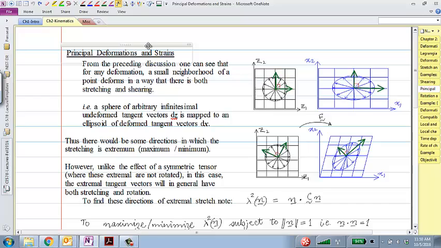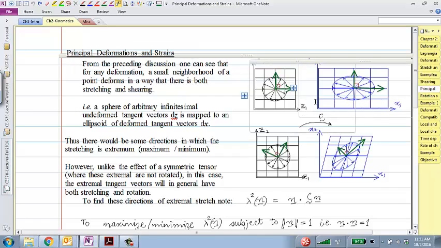Given any undeformed body and the corresponding deformed configuration, go to any point in the undeformed and the corresponding point in the deformed configuration. You will have the set of undeformed tangent vectors, and the corresponding blue ellipsoid, which is the set of deformed tangent vectors in the deformed body.